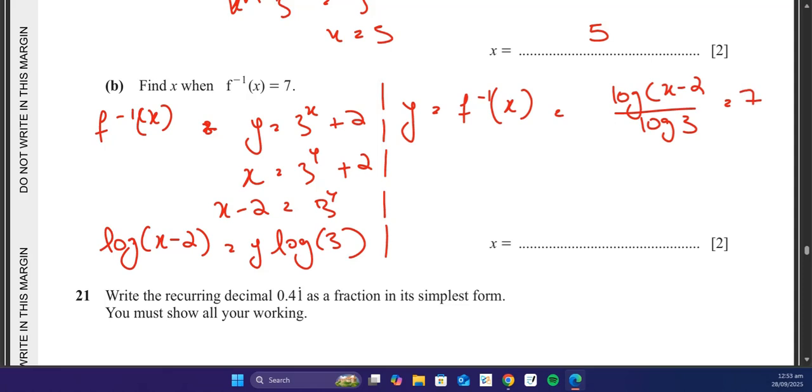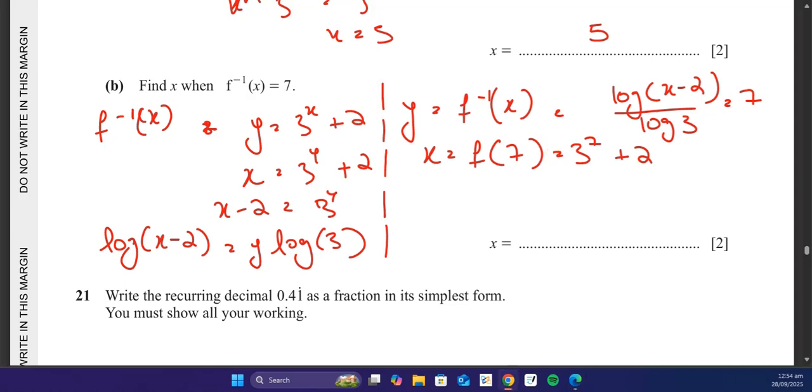Now, if f inverse of x is equal to 7, that means that x is equal to f(7), which is equal to 3^7 plus 2, because that's a value, right?